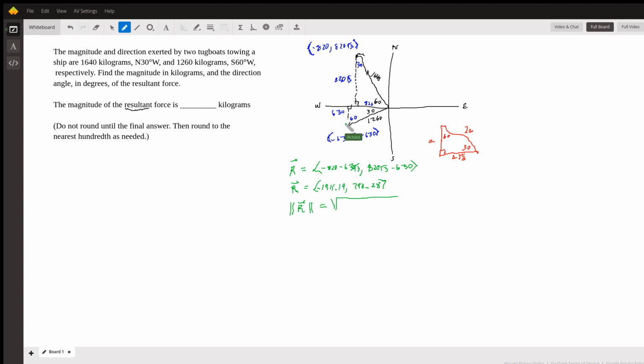If we were to draw R, then negative 1900, so that's going to be pretty far out here, 1900 and then up 790. So it's not as high as this one. This one was 820, so roughly here. So that's roughly the resultant vector R.